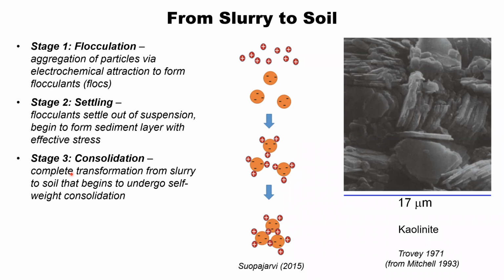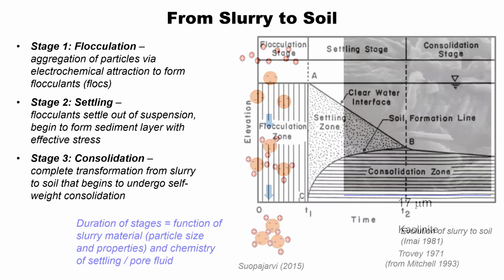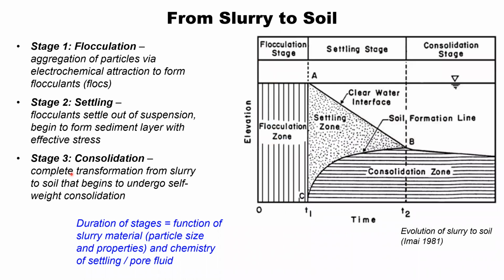So as geotechnical engineers, we also need to have those geochemistry concepts in our toolkit to help us understand how this flocculation, settling, and consolidation behavior are going to occur. These are all time-dependent processes, with flocculation occurring over a certain amount of time, and the settling occurring over a certain amount of time.